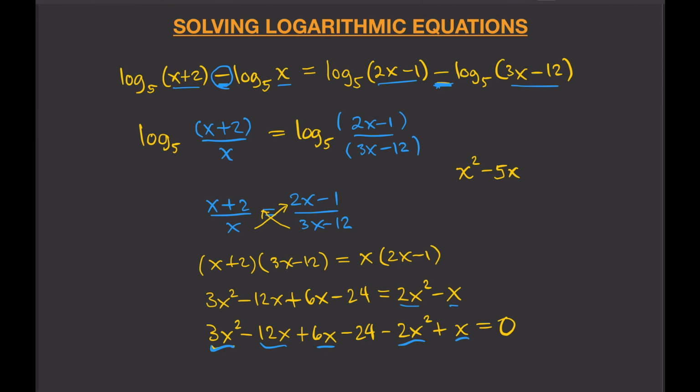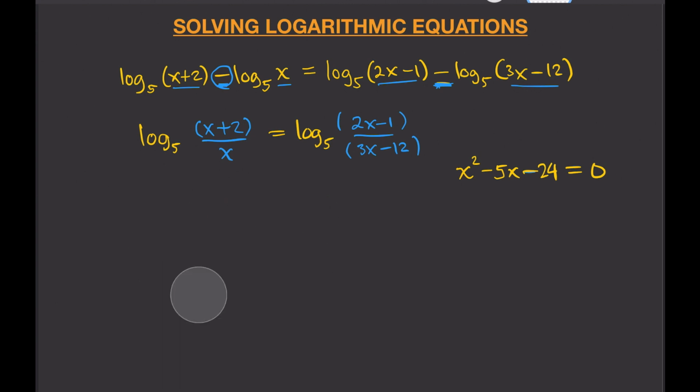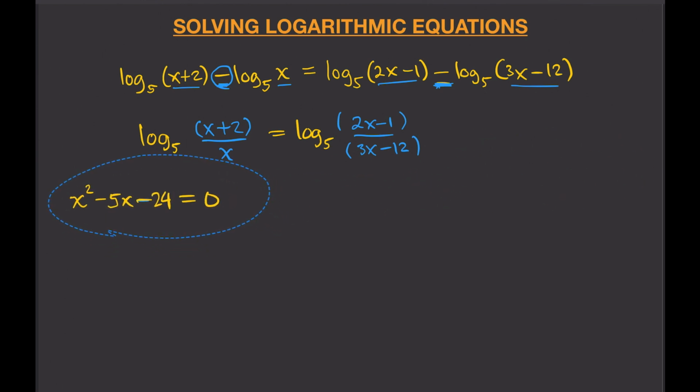And then minus 24, just copy that, minus 24 equals 0. Okay, and so we now have our quadratic equation. Let me erase this one here. Okay, let me move this over here so we can work on it.